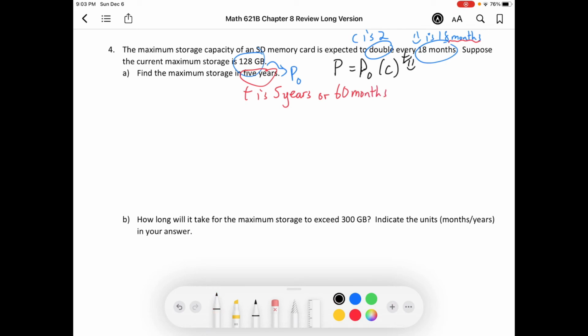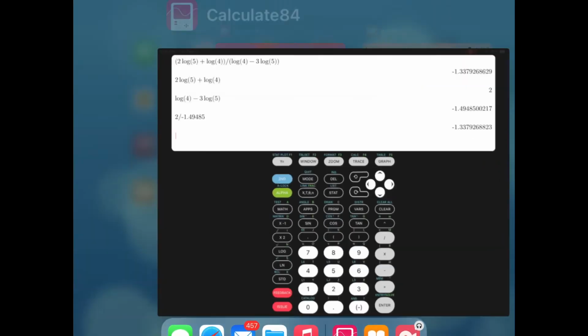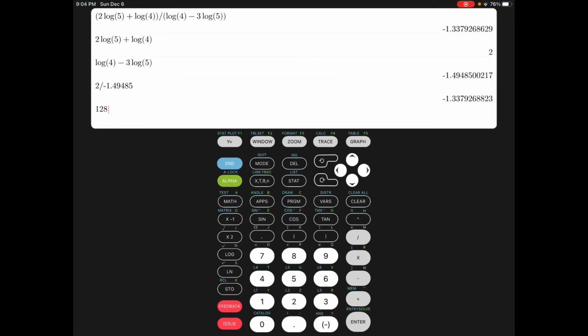All right, we're ready to go here. So we'd have P equals P0 C to the T over smiley face, or P equals 128 times 2 to the 60 over 18. Let me head to my calculator. 128, 2 to the power of.